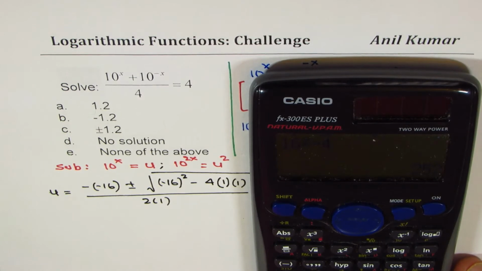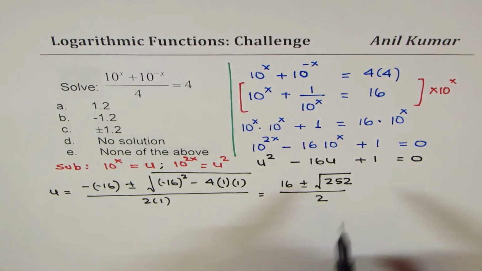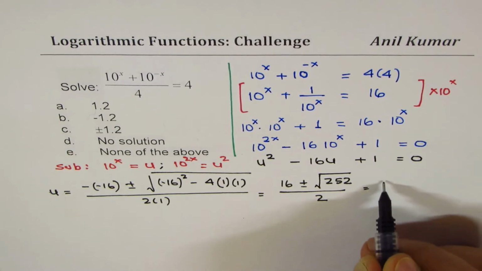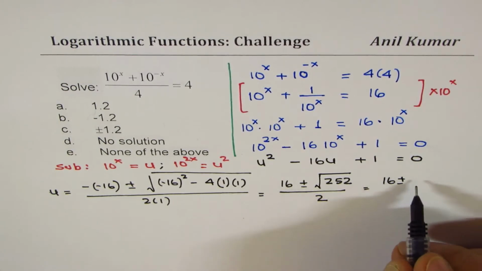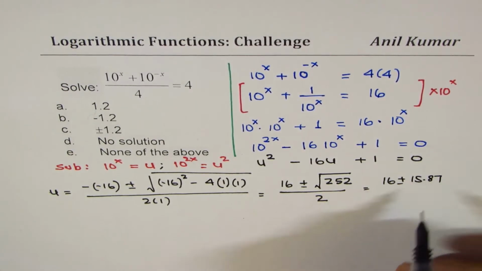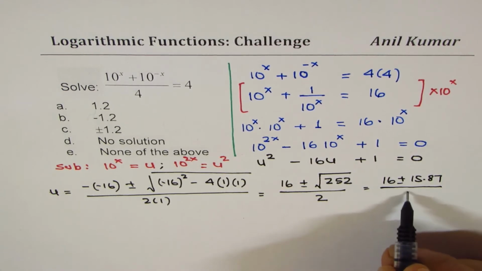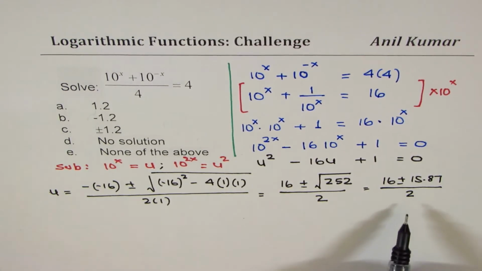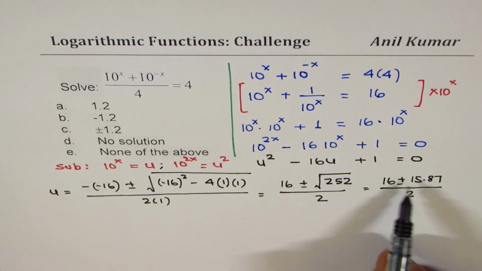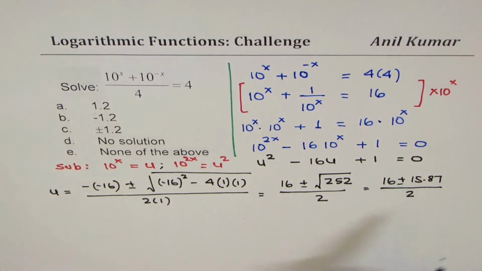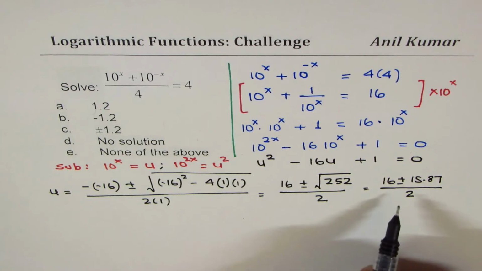Now, what is the square root of 252? It is 15.87, so we get 15.87 as the square root of 252. So we could write this as 16 plus minus 15.87 over 2. Now we can divide by 2 and write two possible values for u.